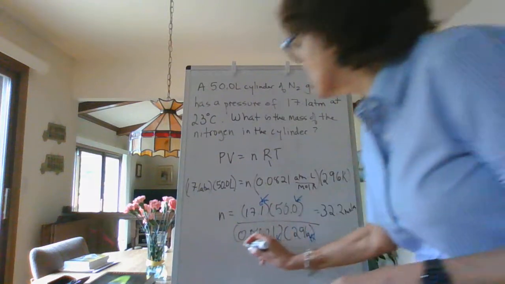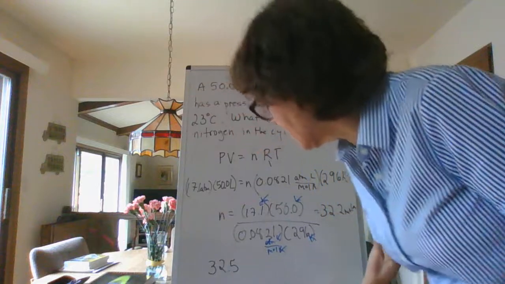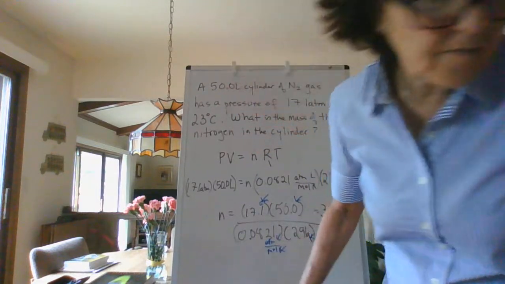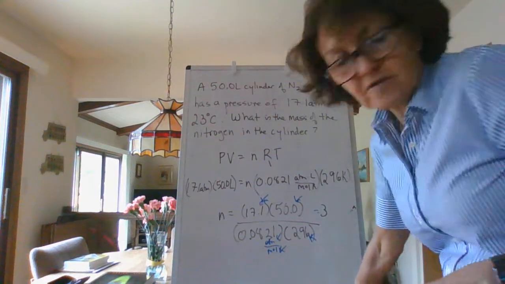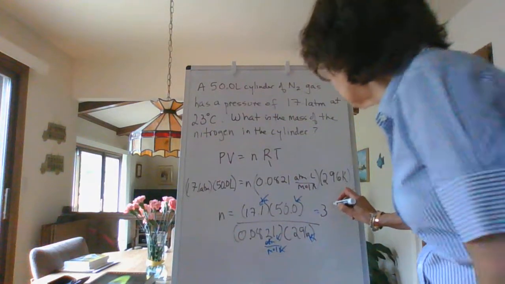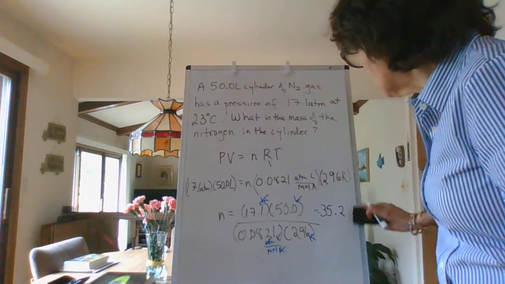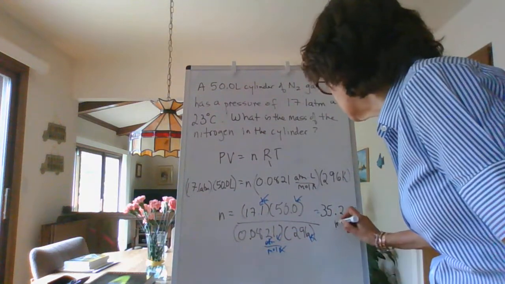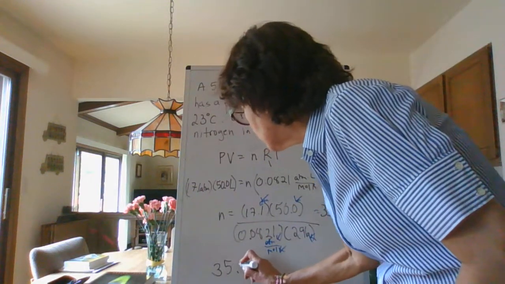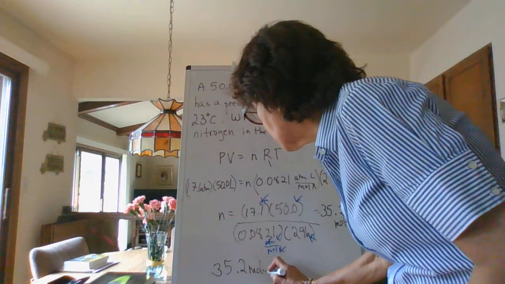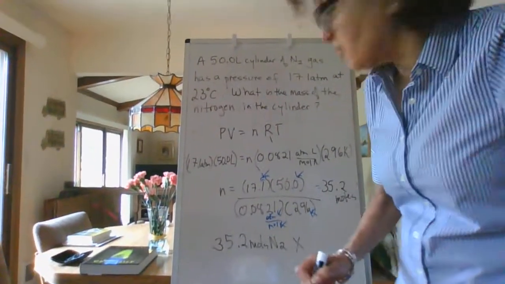They want grams. So 35.2, so oops, I can't write properly. What is wrong with me? Okay, 35.2. I know I said 35.2, but I wrote 32. So 35.2 moles of nitrogen. Now remember, nitrogen is a diatomic molecule.